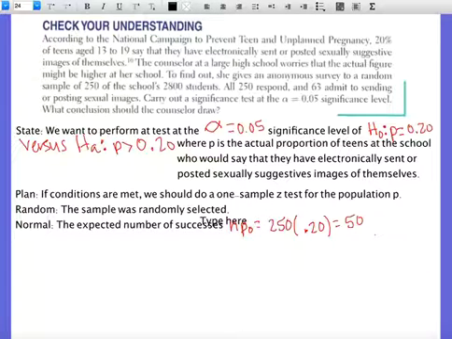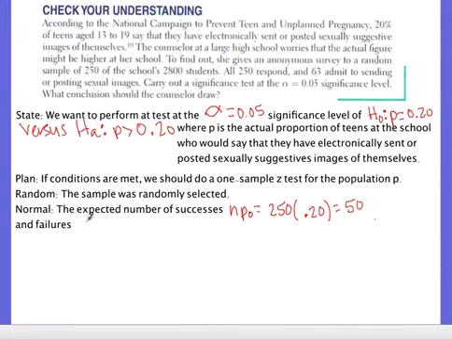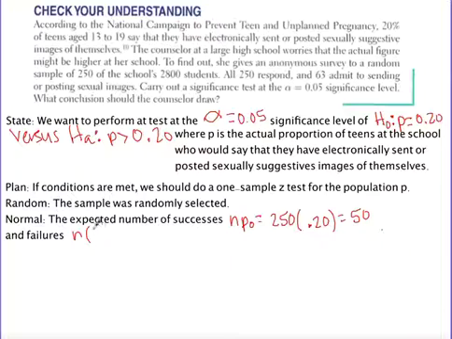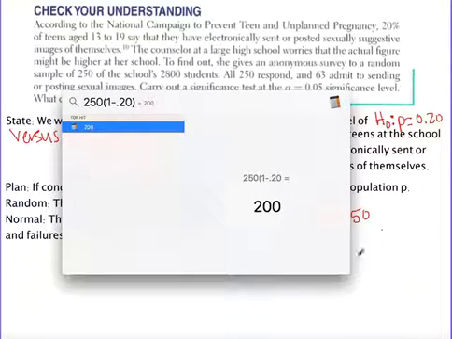So now we also need to talk about the failures. The failures would be n times 1 minus p0, which would be equal to 250 times 1 minus 0.20. 250 times 1 minus 0.20 would give you 200.